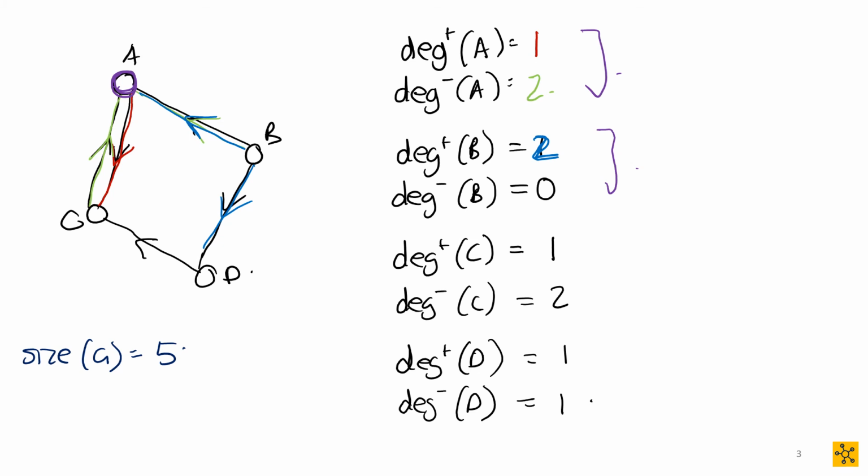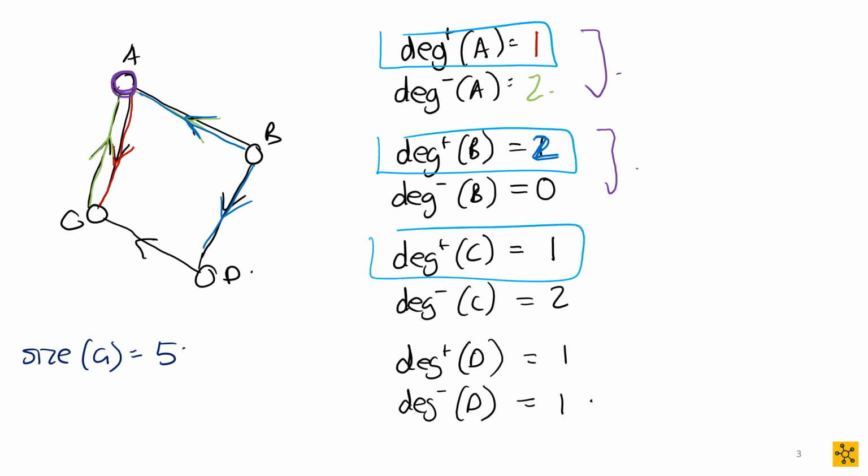Now let's add up all the vertex degrees going outwards. We have 1 plus 2, that's 3, 4, 5. That's convenient. So the sum of the out degrees of the vertices v_i is equal to 5.